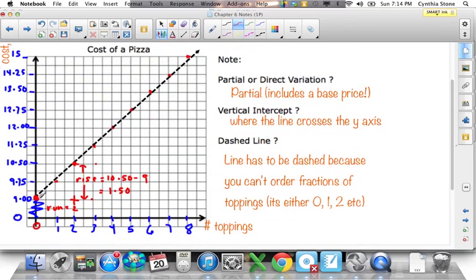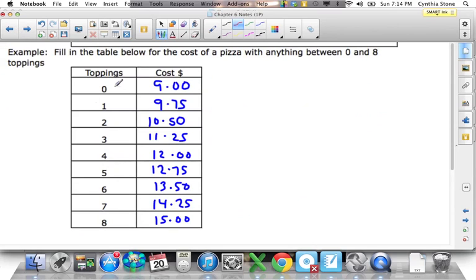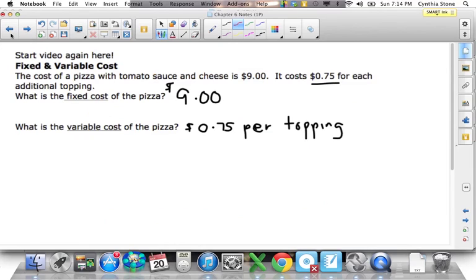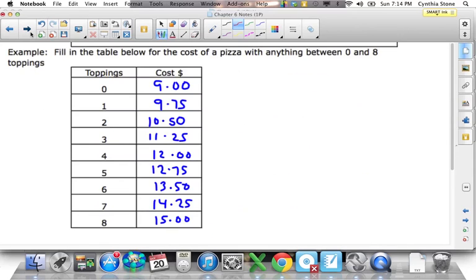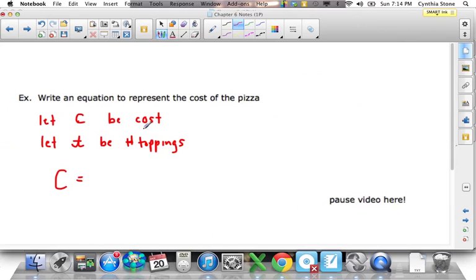No matter what, it costs $9. Doesn't matter what you do, so it has to be $9 plus something. And it's $9 plus 75 cents for every topping, right? And that was the initial thing they told us at the very beginning. Let's go back to the very first. It says, the cost of pizza is 9 plus the 75 cents for each topping. So if T is the number of toppings, then the cost is going to be the $9 no matter what, plus 75 cents, or we say it in dollars, times the number of toppings. And that's my equation for my pizza.